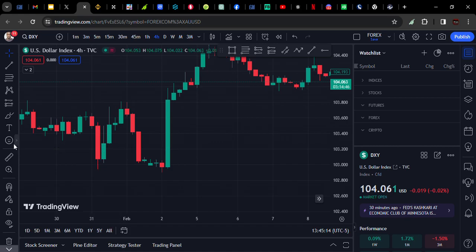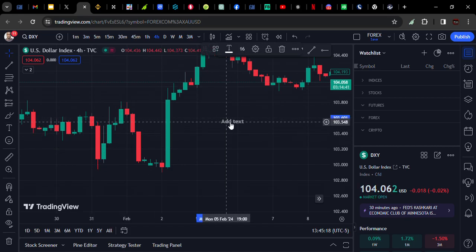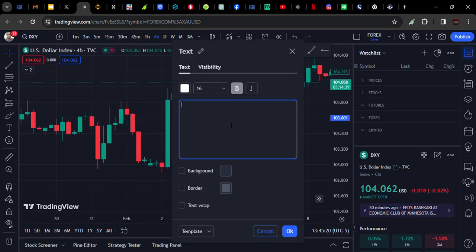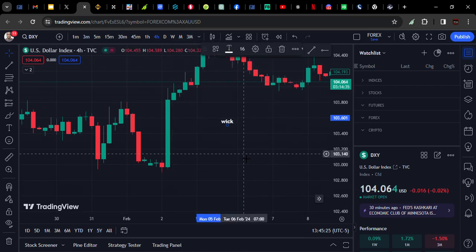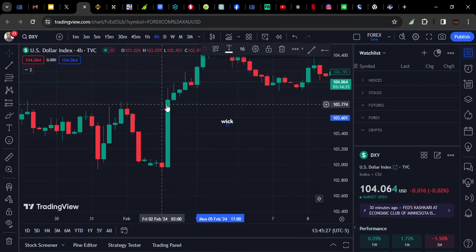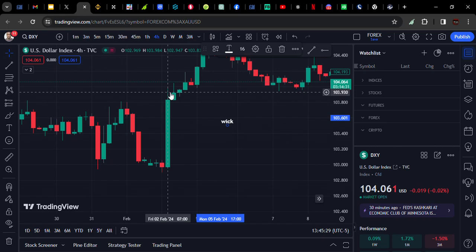WICK. Let me spell it out. It's called a wick. So this is the body and this is the wick. Now when you see a green candle on your chart, that signifies buying pressure.